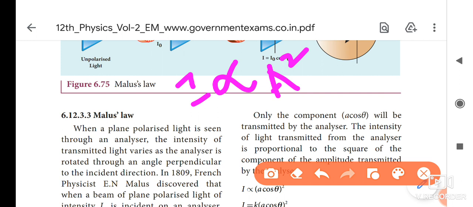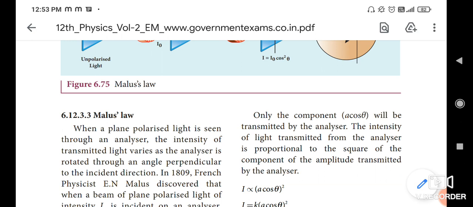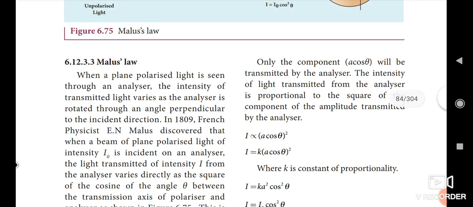In this law, the French physicist Etienne Malus proved this equation: I proportional to A square, that is, intensity is directly proportional to the square of the amplitude.